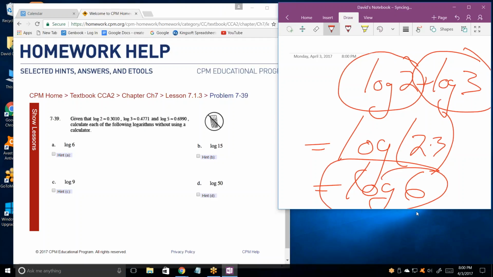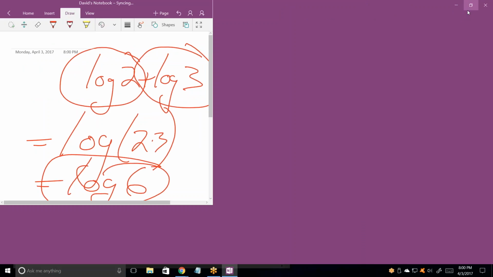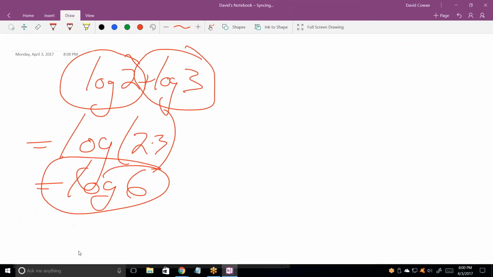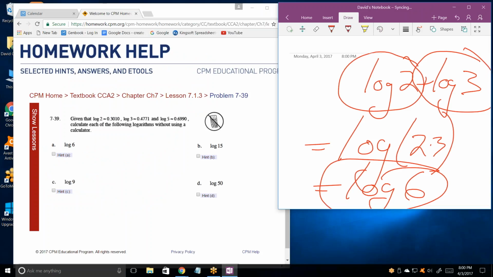Now I could also look up the log of 6, but the whole point of this problem is to teach you those 3 rules. And these 3 rules are the nuts. You need to memorize those 3 rules to do all of these problems.